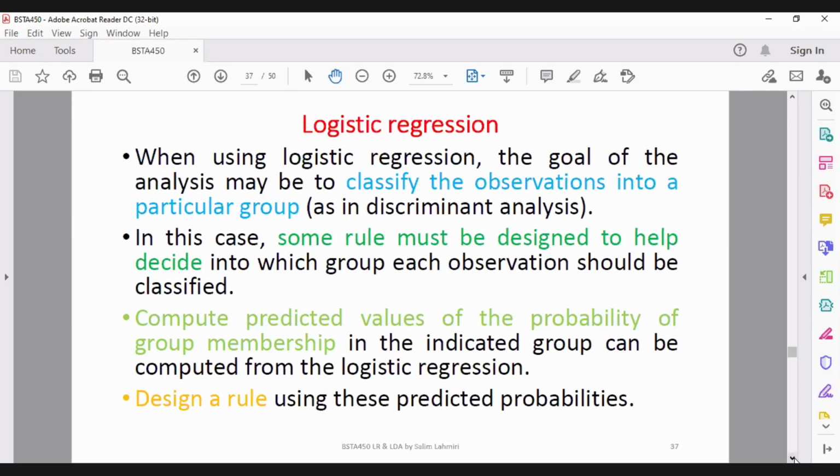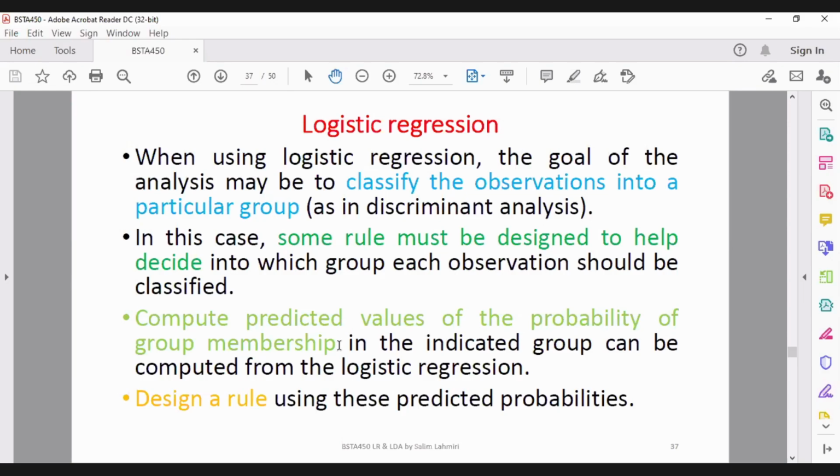When using logistic regression, the goal of the analysis is to classify observations into a particular group. Like for a discriminant analysis, where we run two equations, one for group 1 and one for group 0, for logistic regression some rule must be designed to help decide in which group each observation should be classified. This is done by computing predicted values of the probability of group membership, and we need to define a decision rule.